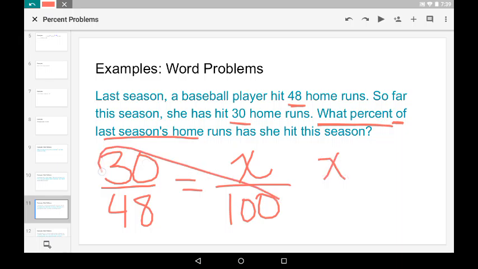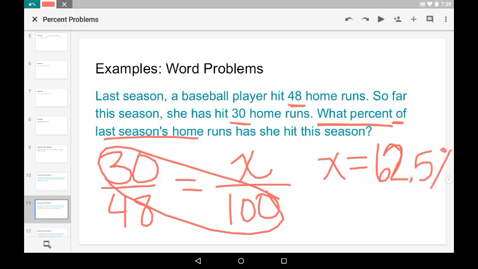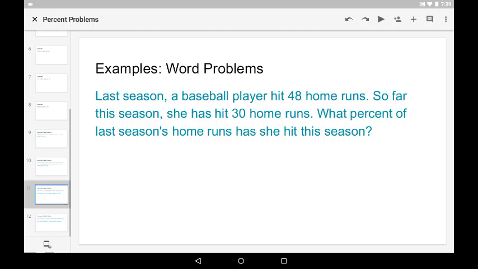We will cross multiply 30 times 100 divided by 48. And you will get X equals 62.5%. Another word problem, so you should have a concluding sentence at the end of this.